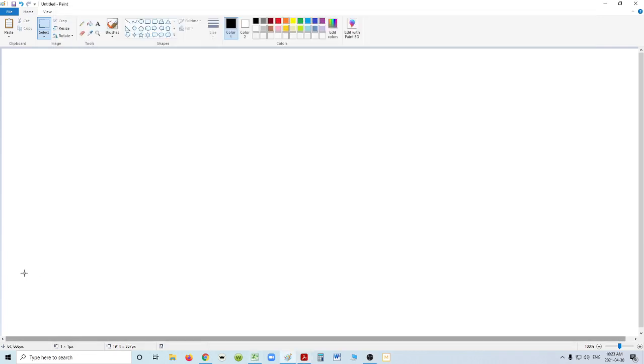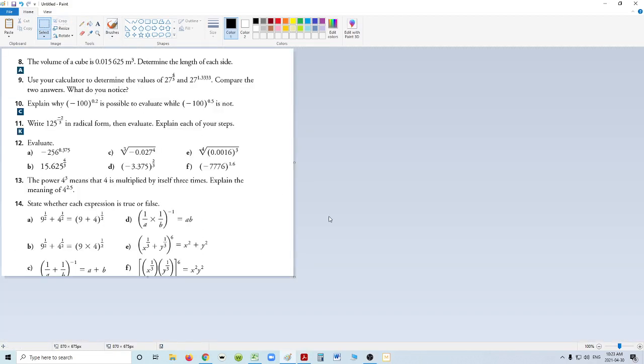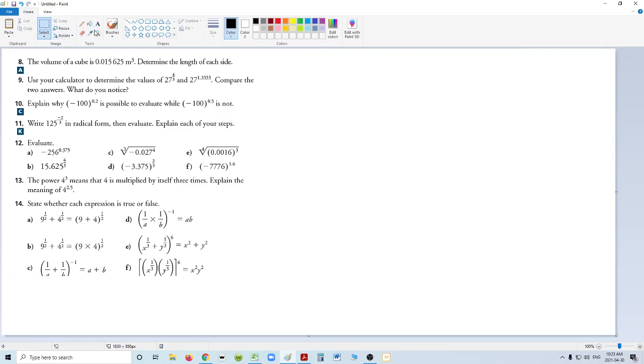Okay, these are word puzzles. Students always have trouble with word puzzles, which is transforming words into equations. The volume of the cube determines the length of each side. A cube is like a square: all the sides are the same length, which means x times x times x is equal to the volume.